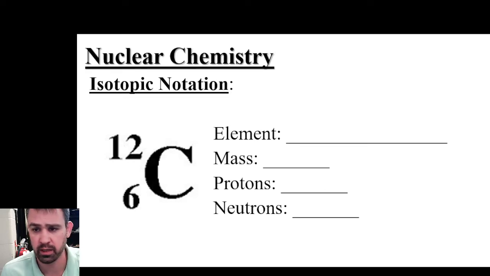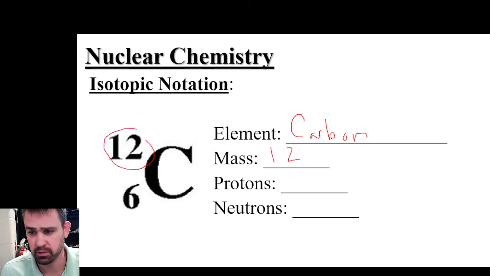So just to review once again, this is element carbon. You can write in here. The mass of this carbon is found here, so it's 12. Protons are found here, so protons was 6. And to find neutrons, we take 12 minus 6, and that will give us 6 neutrons.